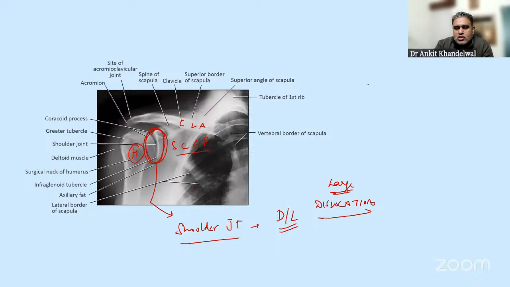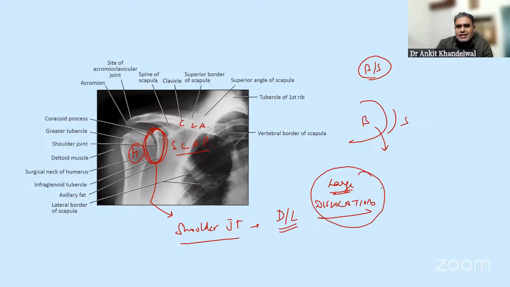Why? Because shoulder joint, we all know it's a ball and socket, right? The ball is quite big and the socket is small. Therefore, sometimes, or in many injuries of very low intensity, the ball over here slips away from the socket. Therefore, it is one of the most commonly dislocated joints, as you can see over here.